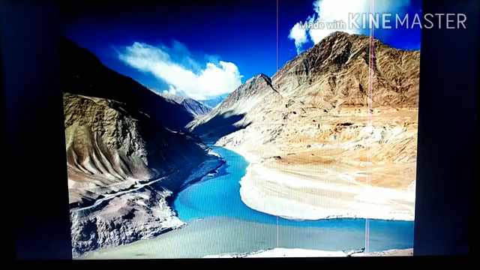Ladakh is a desert in the mountains in the eastern part of Jammu and Kashmir, and it is a cold desert. Do you know what a cold desert is? Cold deserts are found in high, flat areas called plateaus or mountainous areas in temperate regions of the world.